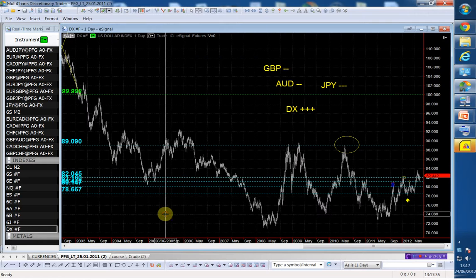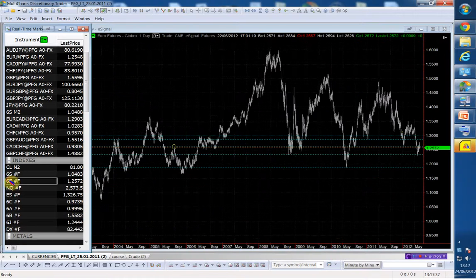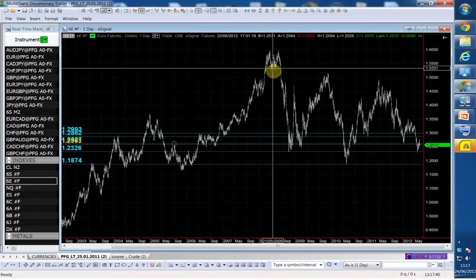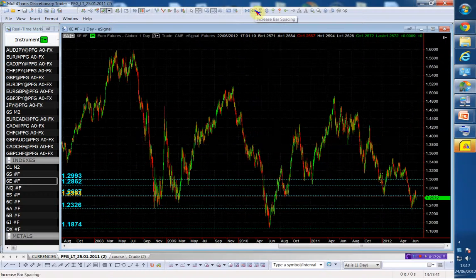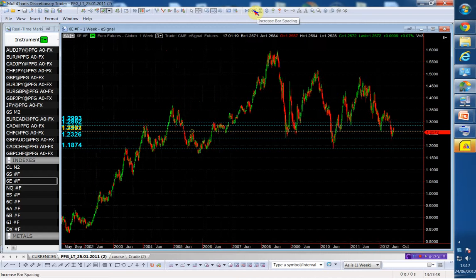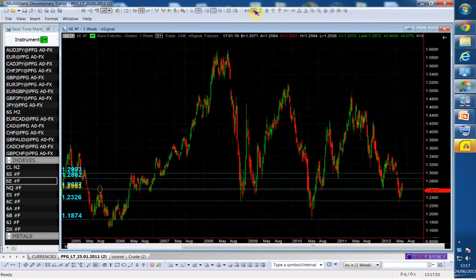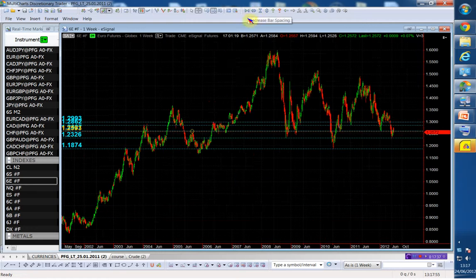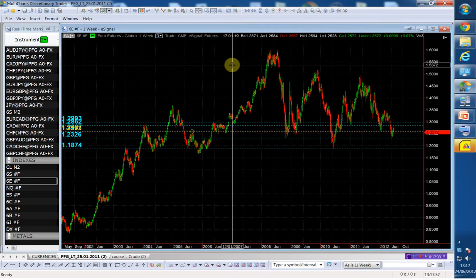The next one we're going to look at, of course, is the euro. And this is now a very, I'm going to keep it squashed like this for a second, and then I'm going to widen the scope.